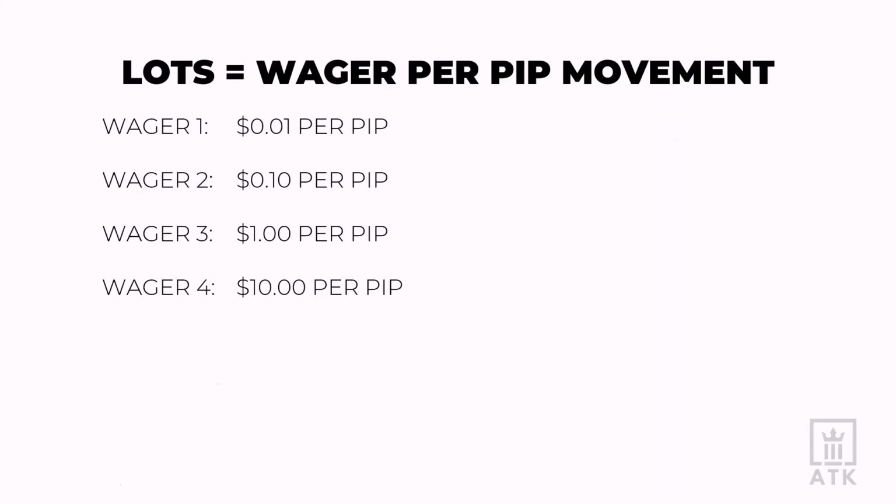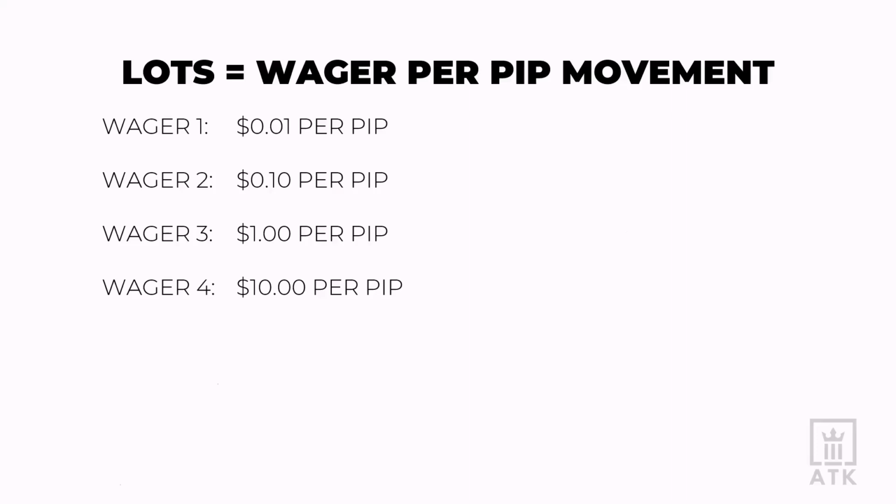Every time a pip moves, person one is going to risk a penny for every pip. Person two is going to risk 10 cents per pip. Person three is going to risk $1 per pip, and person four is going to risk $10 per pip.